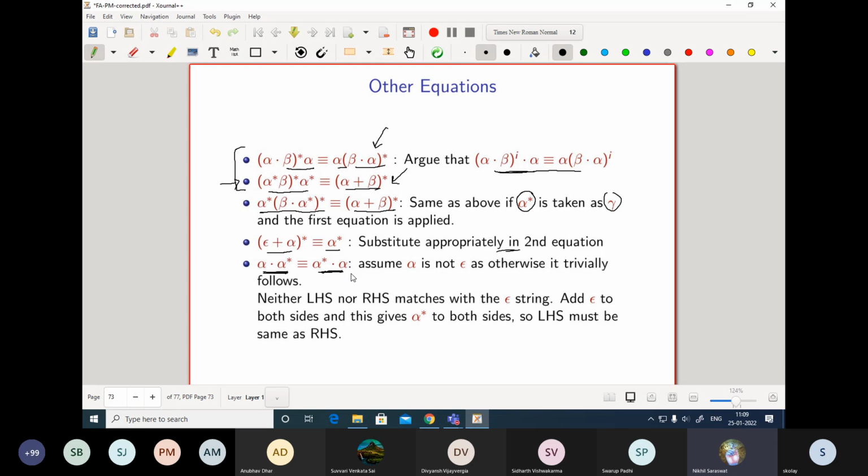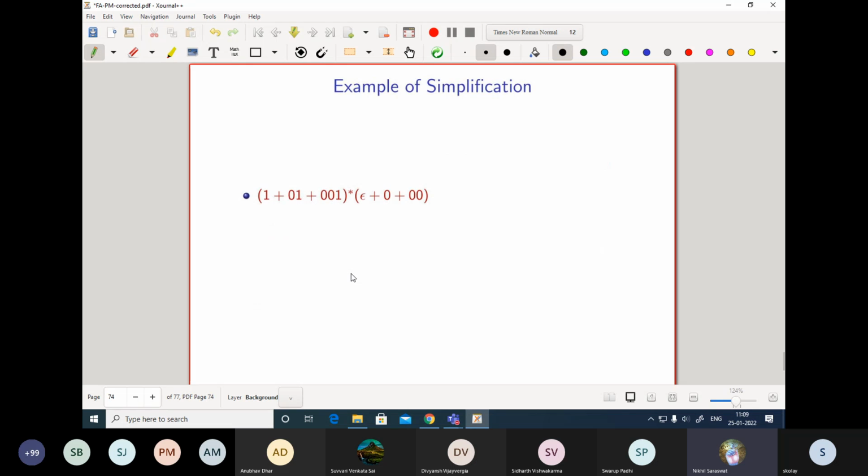So these are certain laws and equations that you can use to simplify a particular pattern or a particular regular expression. So here is an example of simplification. Suppose you are given this pattern, this regular expression. So this does not seem very structural.